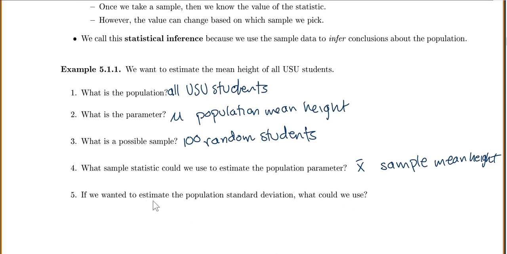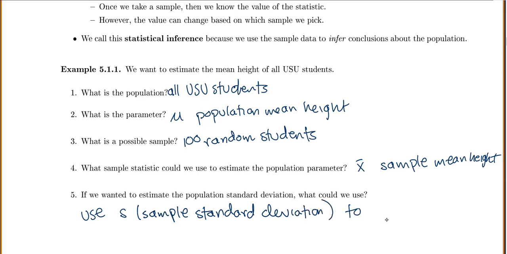If we wanted to estimate, say, our population standard deviation, what could we use? Well, we would use s, or our sample standard deviation, to estimate sigma, which is our population standard deviation.